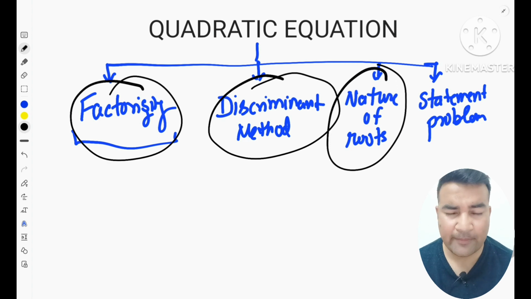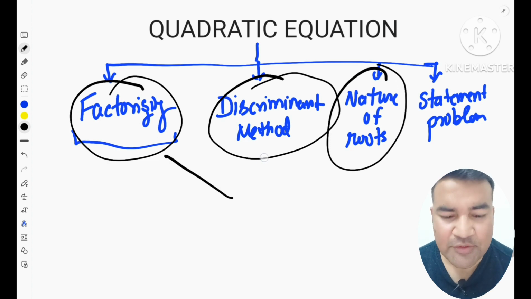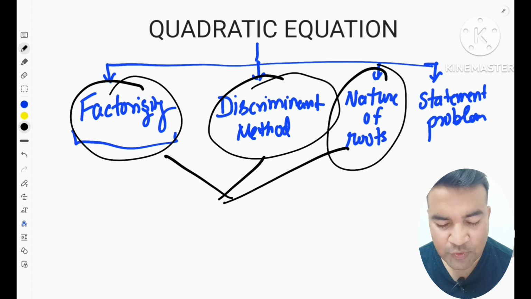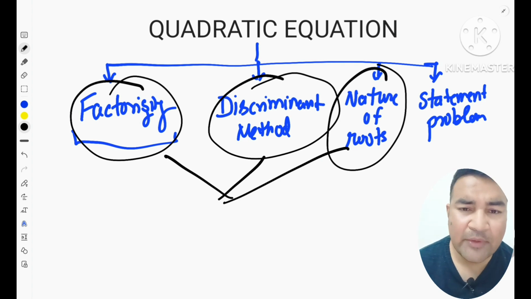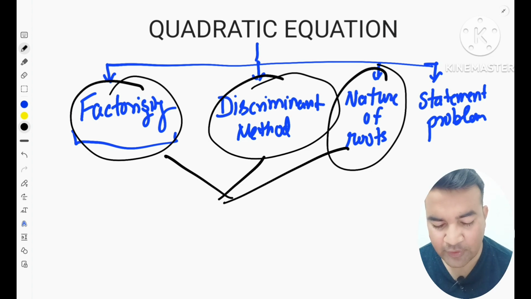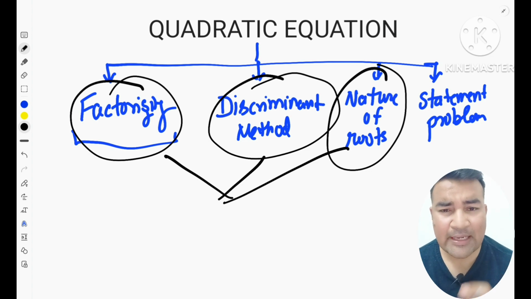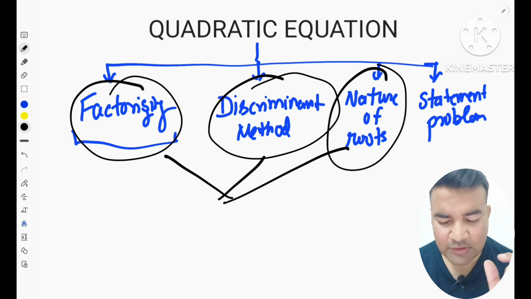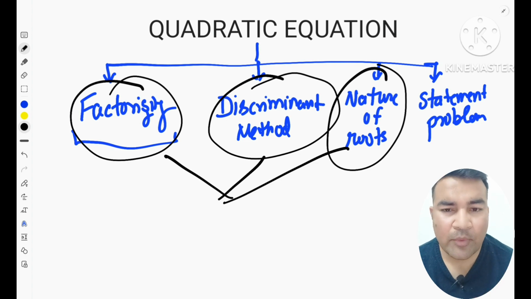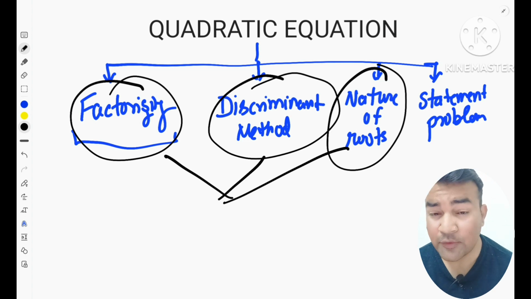Then in our next video, I'm going to take some more examples to make you understand factorization, like how we can do factorization of different questions, how we will use the discriminant method, and we will do some more questions for finding the value of k if the nature of roots is equal.